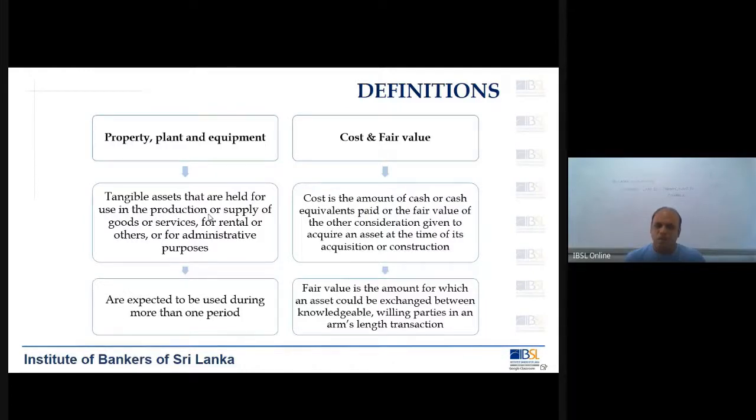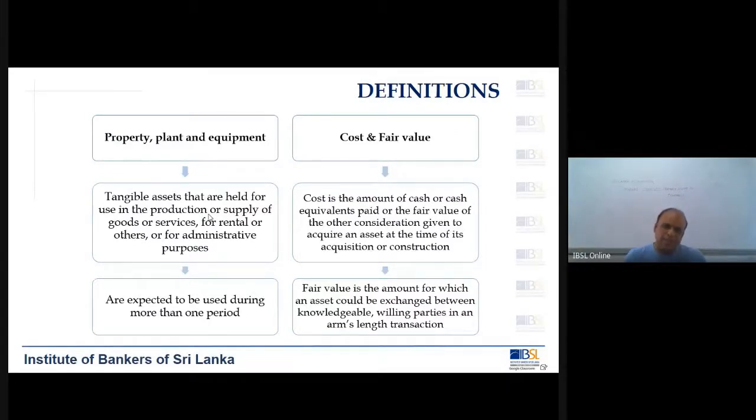So now comes the concept of fair value on top of the cost. You might have incurred a cost of 60 million to construct this asset. But when you look at the market value of this particular asset, it's about 80 million. So this is how the cost and the fair value work. Cost and fair value are not the same in most cases.